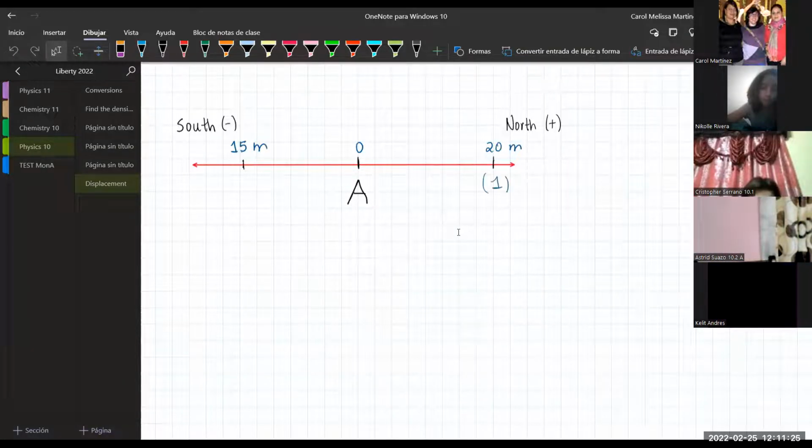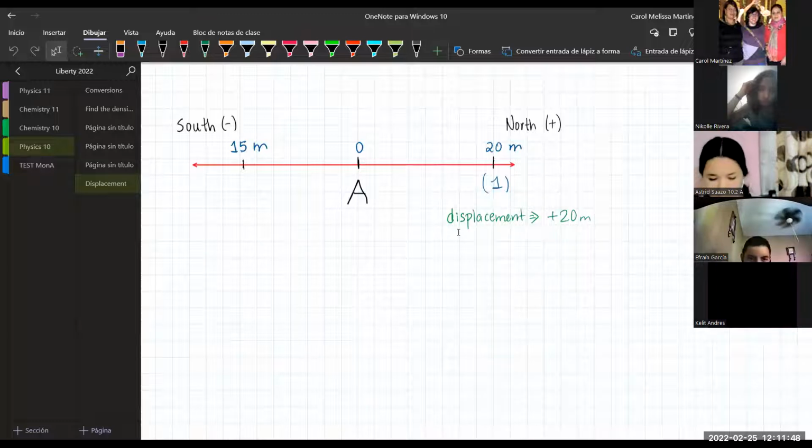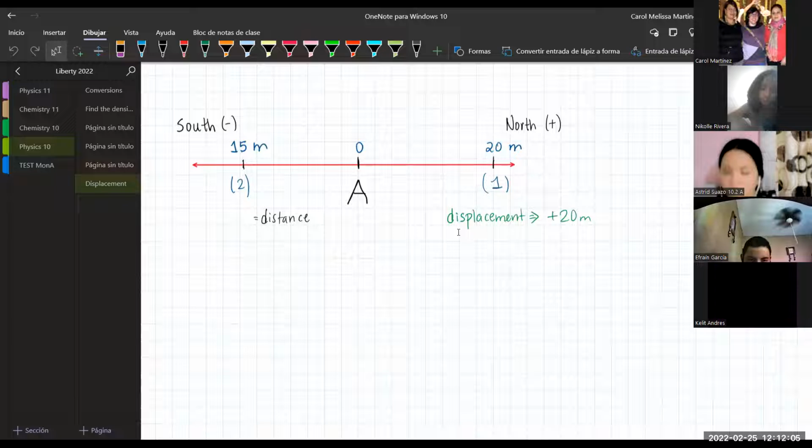What is going to be the displacement? 20 meters, plus 20 meters, or negative 20 meters? Plus 20 meters, because we're talking about displacement. If this person wants to go to the point 2, and I ask you what is the distance, what would you say? Is the distance 15 meters, plus 15 meters, or negative 15 meters?